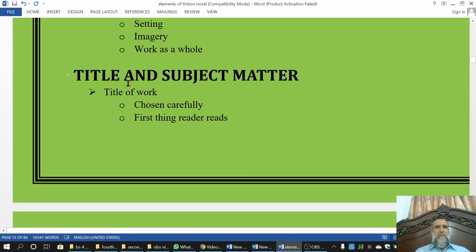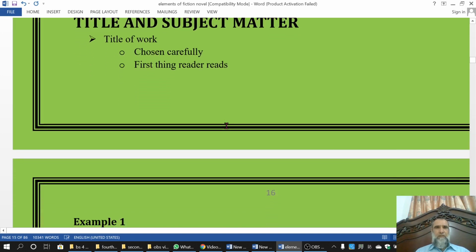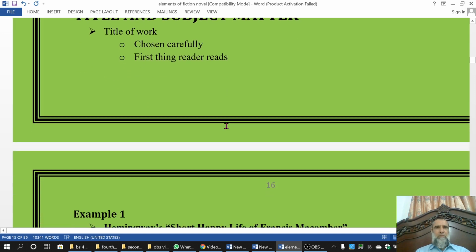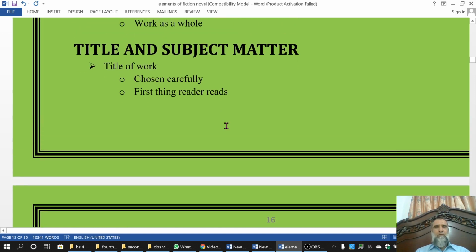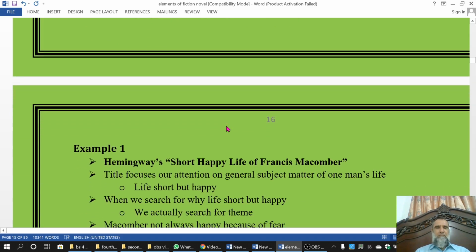Because the title of a story and the subject matter of the work is chosen very carefully, because it is the first thing the reader reads. So the writer chooses this very carefully, and therefore it is very important in order to have clues about the theme or the theme analysis.